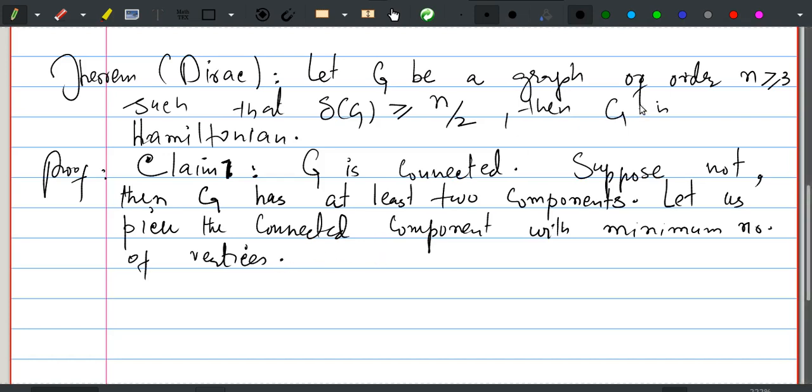It is given that the minimum degree in G is bigger or equal to n by 2. Suppose G has two components, then the component with the minimum number of vertices has to contain more than n by 2 vertices.